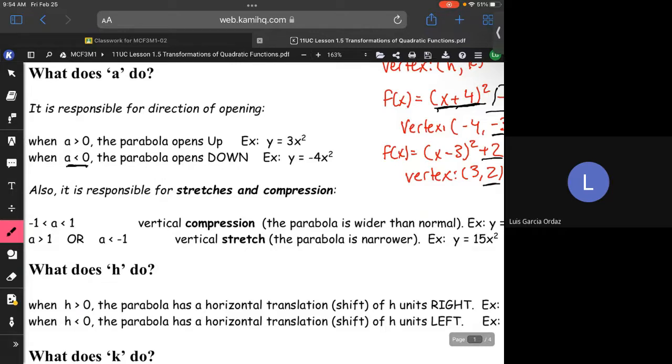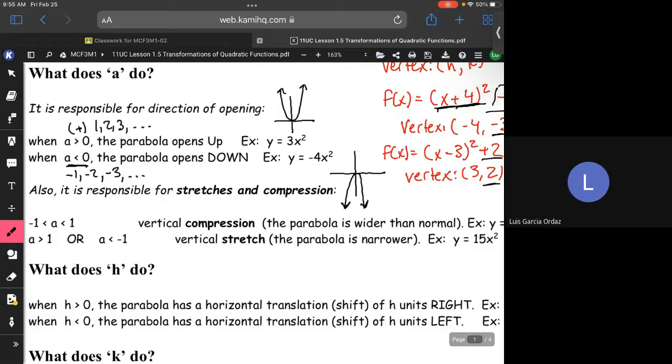By less than 0, I mean the negative numbers, like -1, -2, -3, etc. When A is bigger than 0, which means when A is positive, so all the positive integers like 1, 2, 3, etc., my parabola is going to open up. So y equals 3x squared is going to open up, and y is equal to -4x squared is going to open downwards.